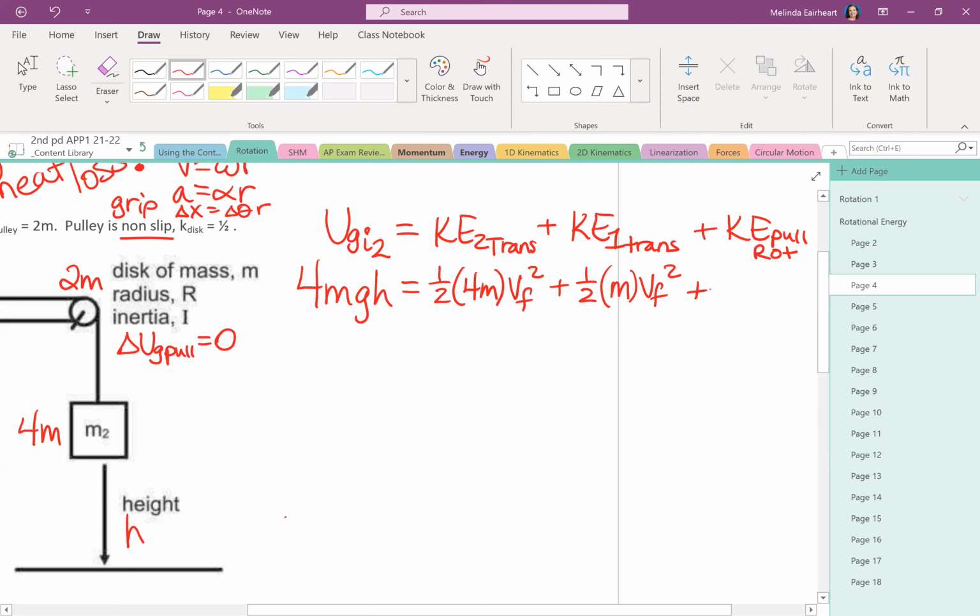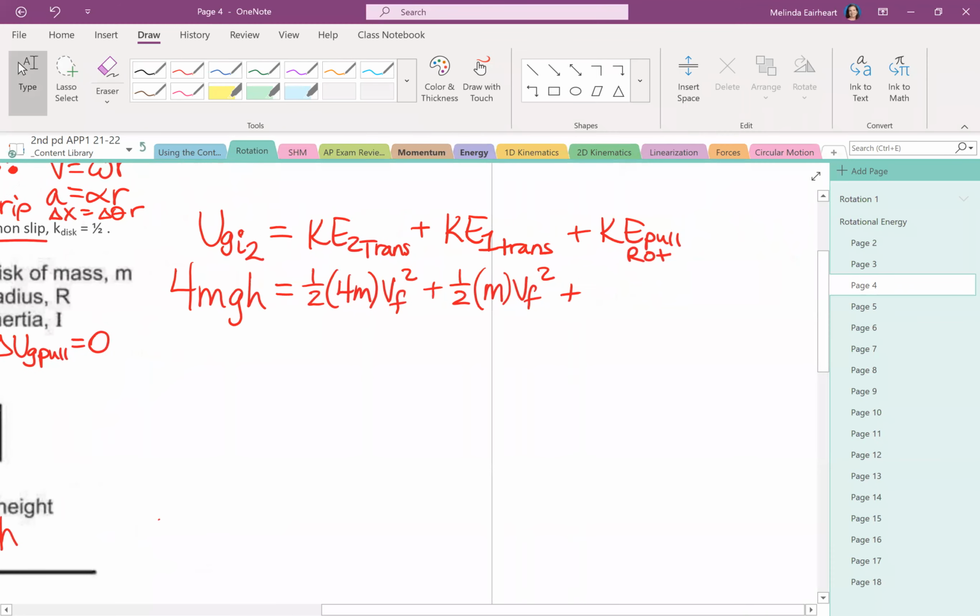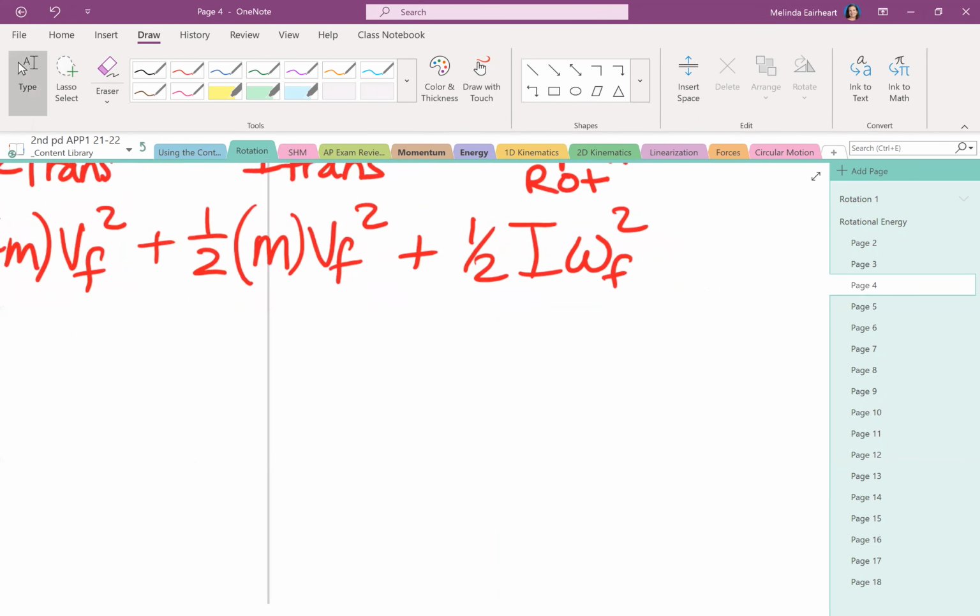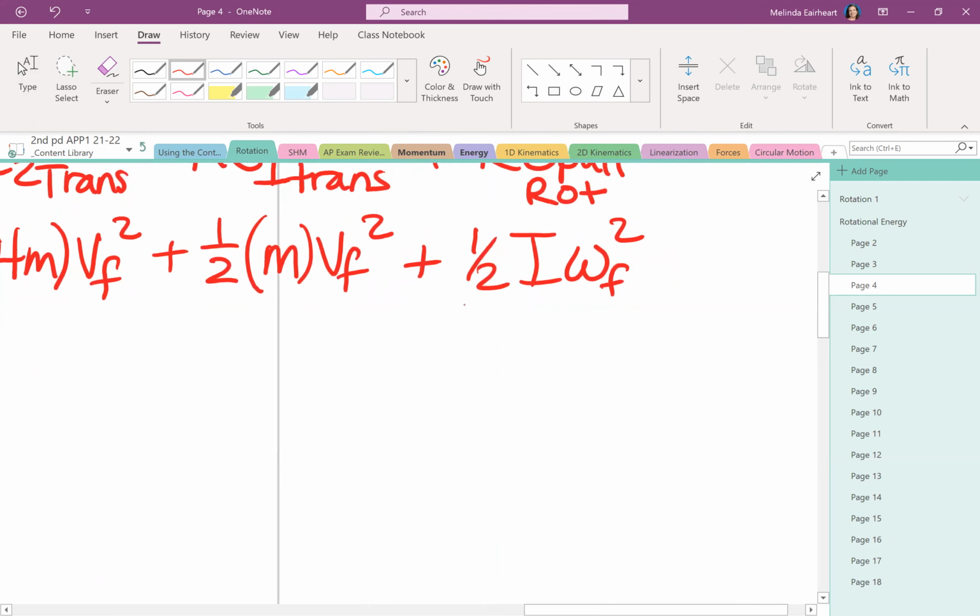And then the rotational of the pulley, we've got 1/2 I omega final squared. And hopefully you've guessed it, in all of these examples with non-slip, we're going to spend some time with that I and omega. So let's plug in some equations there.